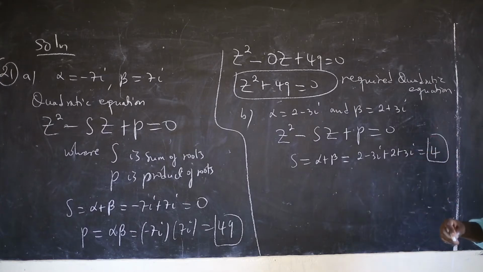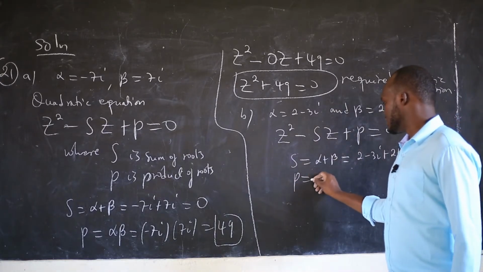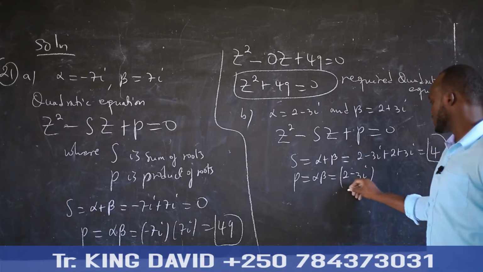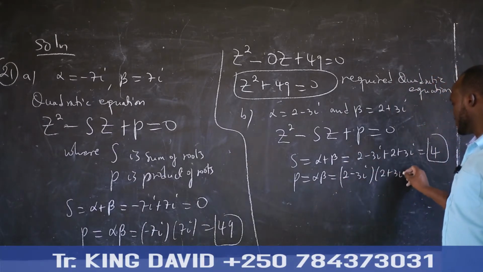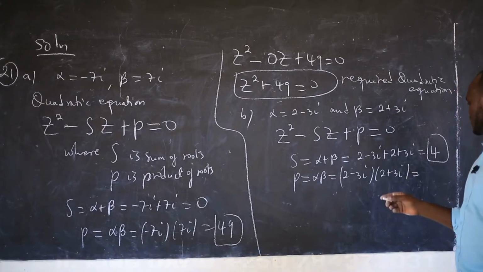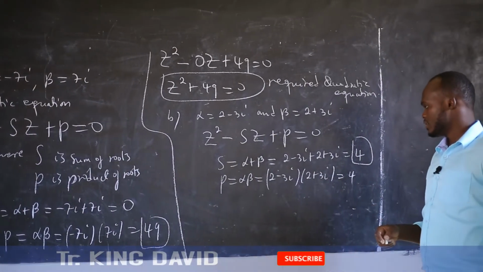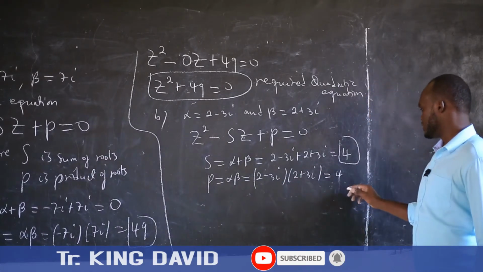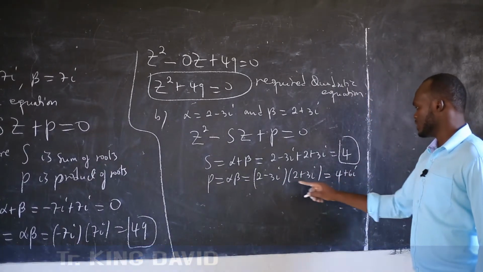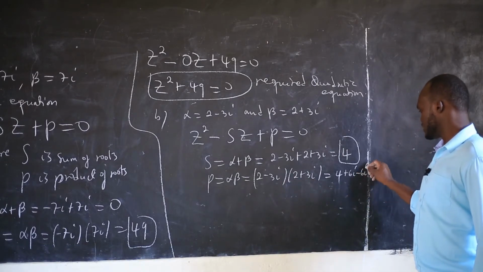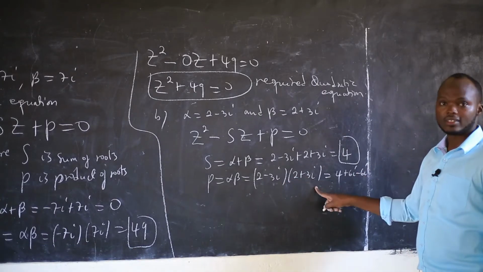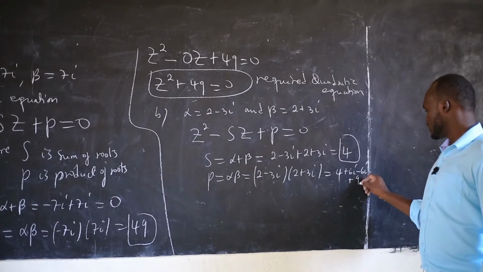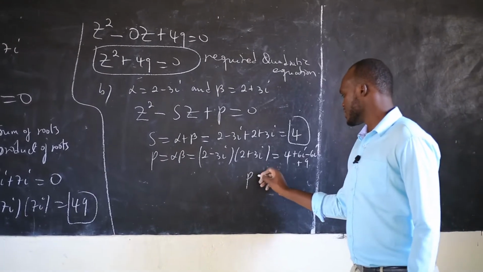Product is alpha beta, which is 2 minus 3i into bracket 2 plus 3i. We can expand: 2 times 2 is 4, plus 6i minus 6i, then negative 3i times 3i is negative 9i squared, plus 9. You see the product is 13.